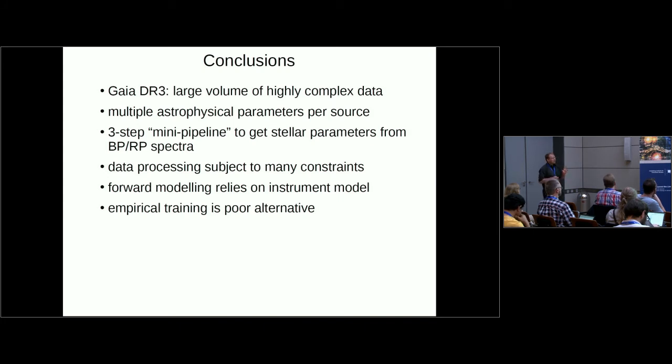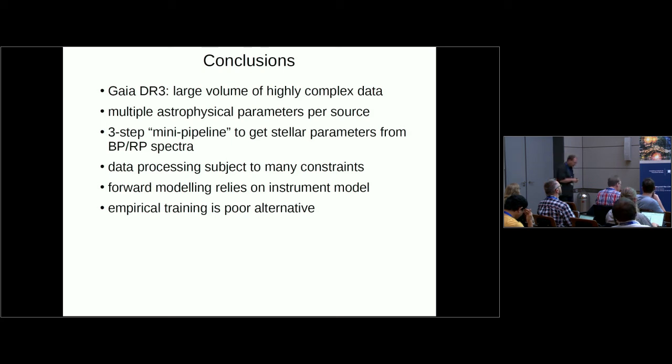I've shown you in my mini pipeline the three-step approach and tried to motivate why I'm doing that, given all the constraints that I'm facing as part of the pipeline.